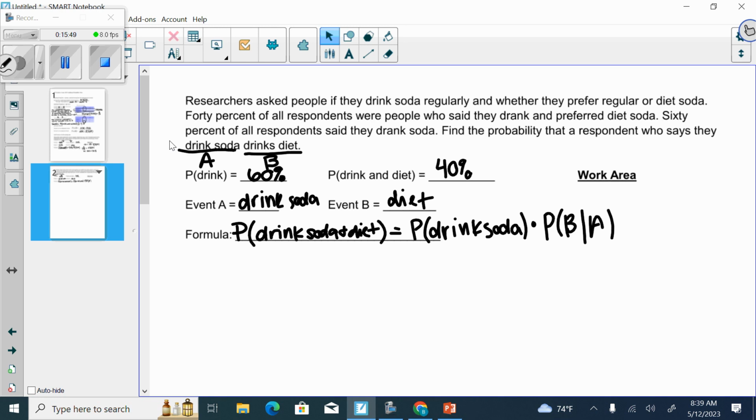All right, so we would substitute in the information we do know. So do I have something to substitute in for a probability of drinking soda and it being diet? 40%, 0.4, is equal to the probability that they drink soda, which is 0.6, times the probability of B given A. So again, what am I going to do to solve for that? Good.